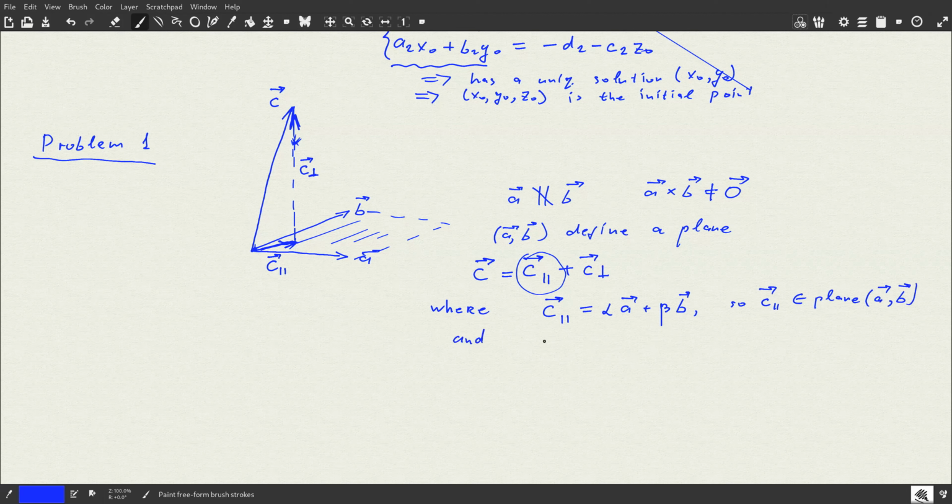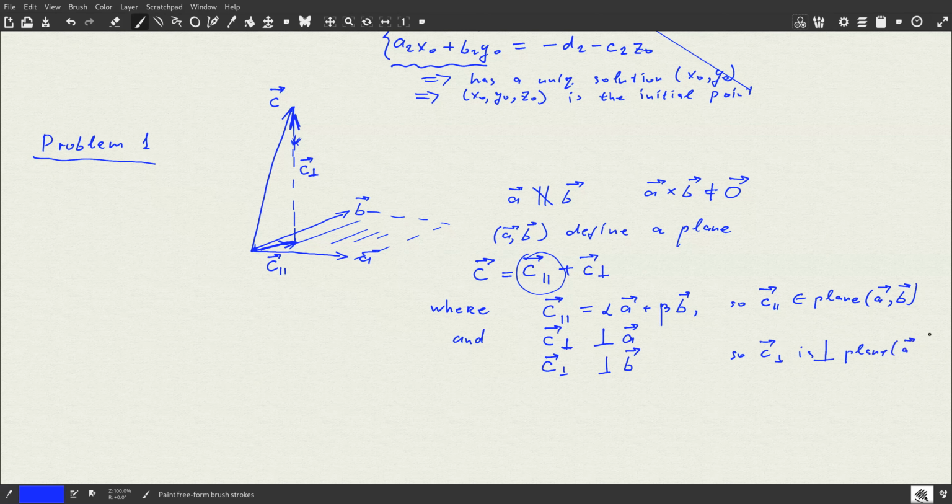And C orthogonal is really orthogonal to A, and C orthogonal is orthogonal to B. It is orthogonal to plane AB.